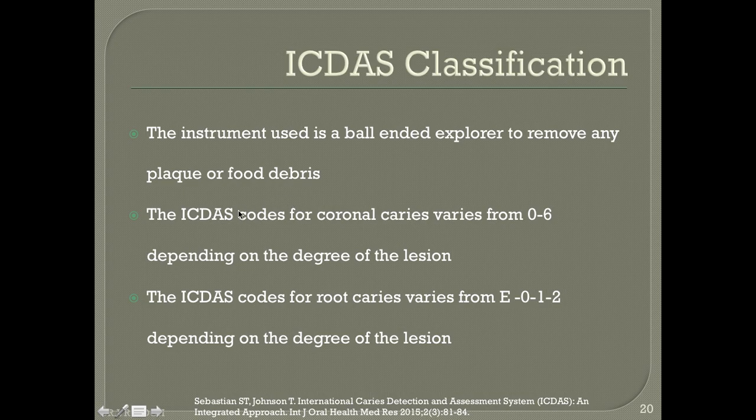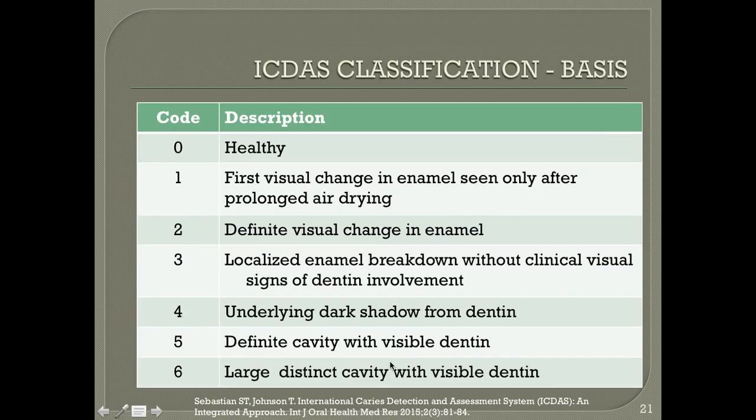And the ICDAS scores for coronal caries vary from 0 to 6 depending on the degree of the lesion, and for root caries it varies from E0, 1 and 2 depending on the degree of the lesion. So here you are finding the basic description of ICDAS, that is 6 categories. 0 is healthy. 1 is first visual change in enamel seen only after prolonged air drying.